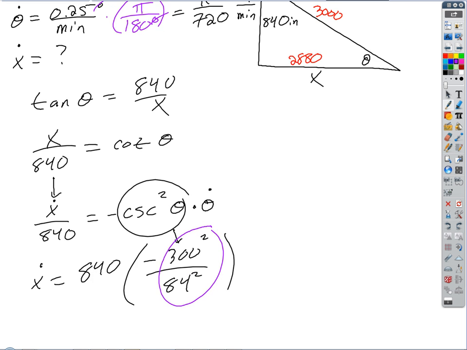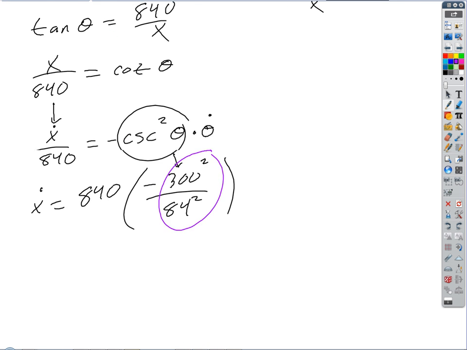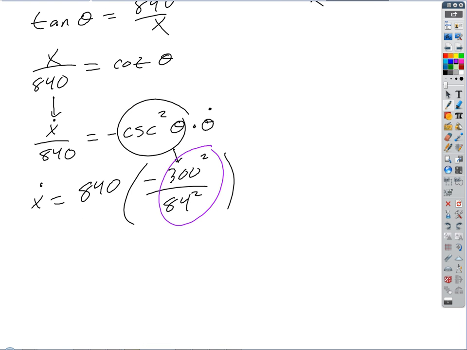Okay, times theta dot, which is, what did we say theta dot was? Pi over 720. How is that gonna work though, cause they don't want the answer in pi? No, we just plug it into our calculator. Okay, and there's our theta dot. So what do we get here?